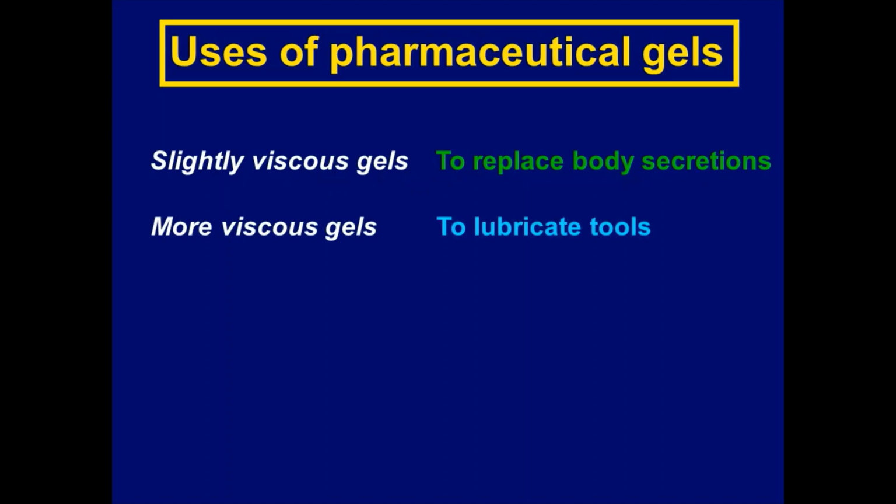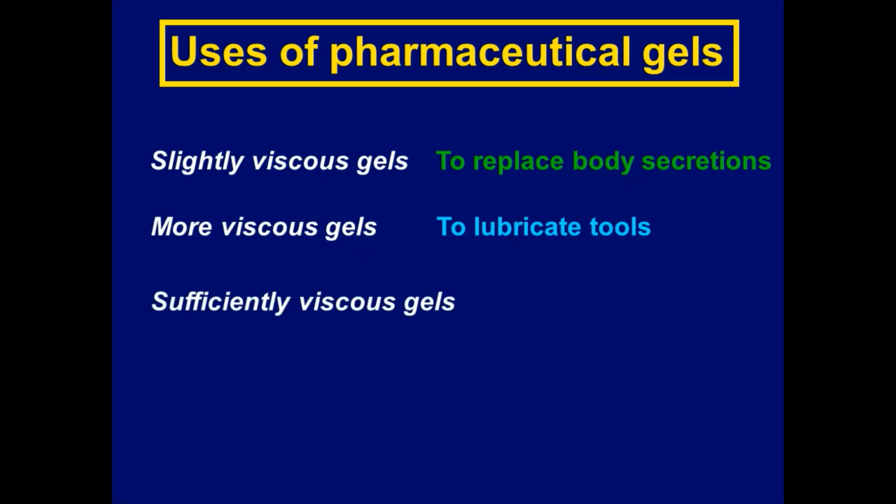More viscous gels are used to lubricate tools, and we said before that lubrication is to decrease friction. For example, the sonar device, the doctor needs to move this device on the skin of the patient, so he needs to decrease friction, so he applies a more viscous gel.